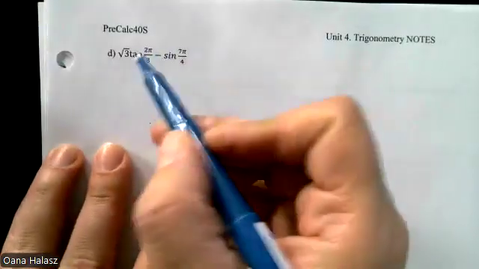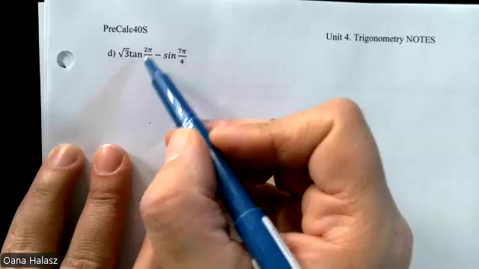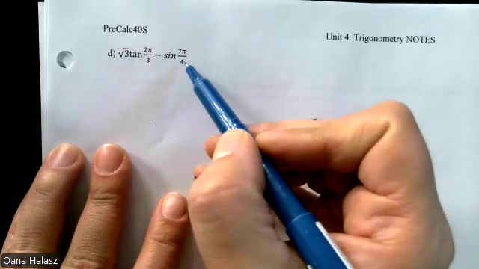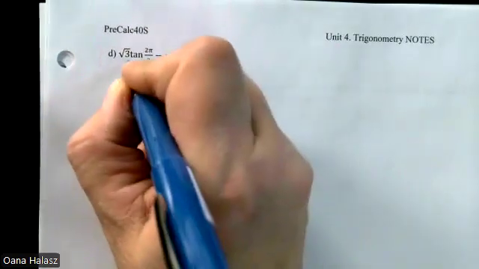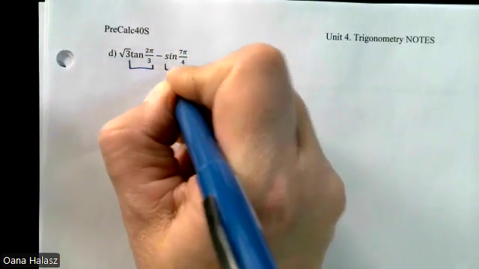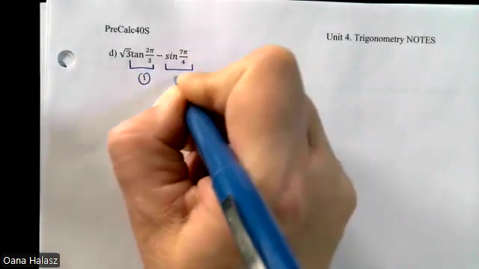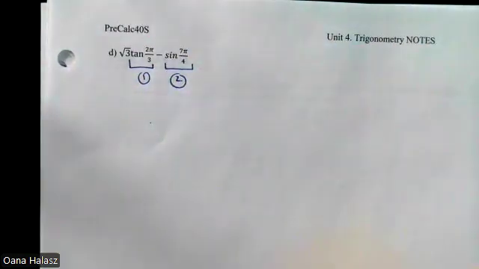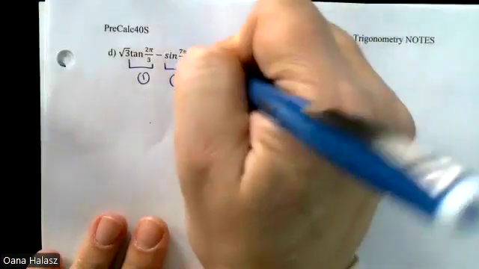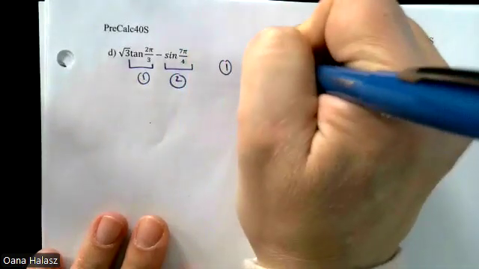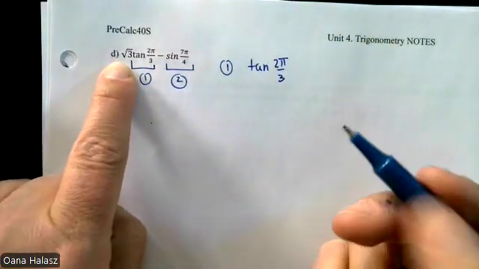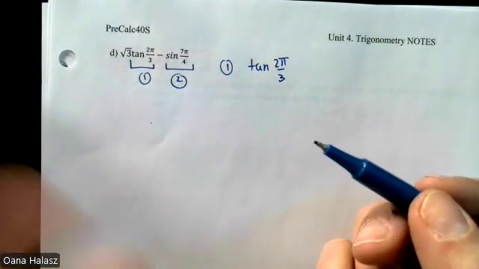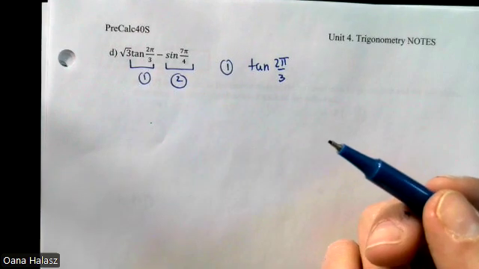Okay, then we have D here, another combo. We have square root of 3 times tangent of 2 pi over 3 minus sine of 7 pi over 4. So what I would do if I were you, I would split them up into individual calculations of the individual functions. So one would be find the value of tangent of 2 pi over 3, and then I would multiply by square root of 3, but I will only do that once I know what it is, okay?